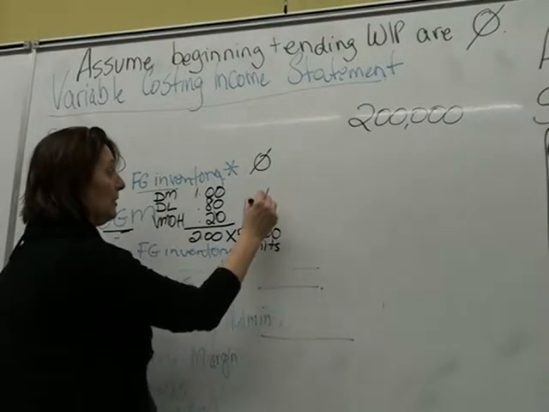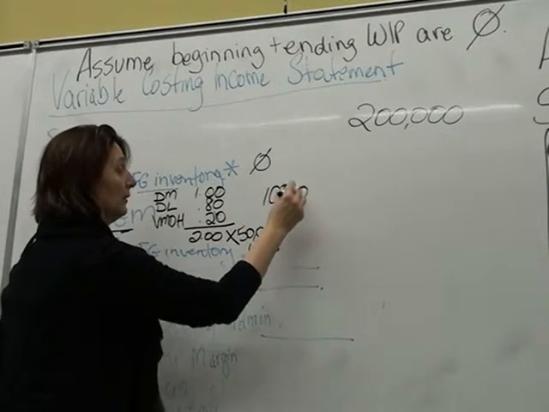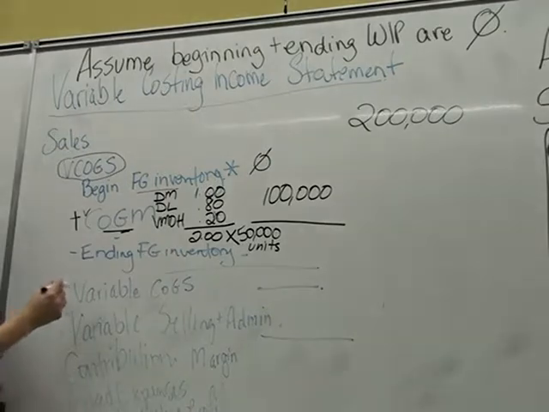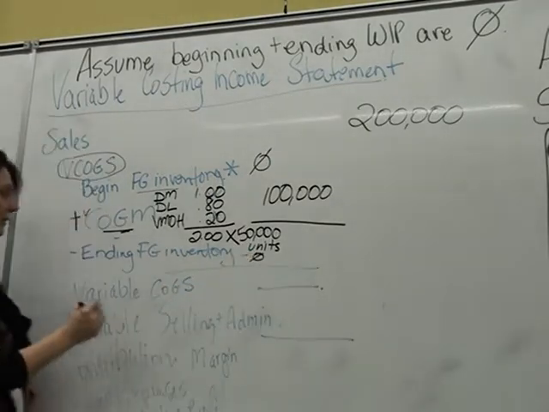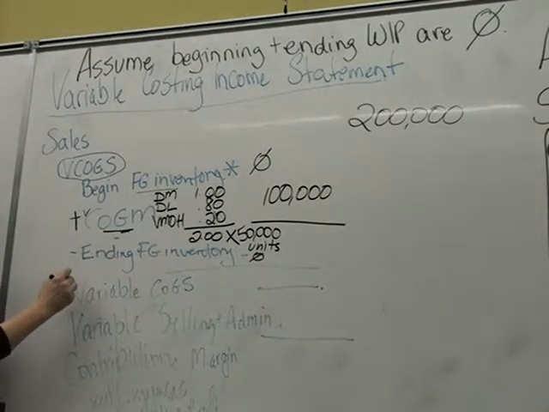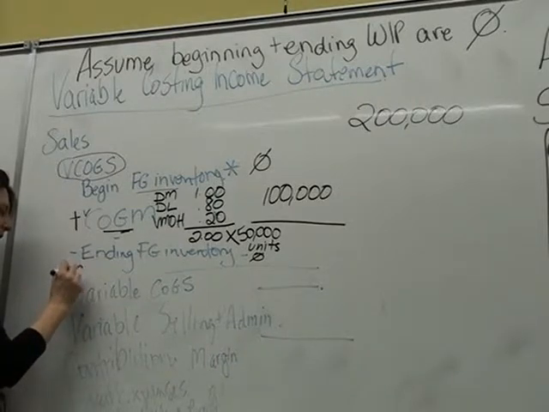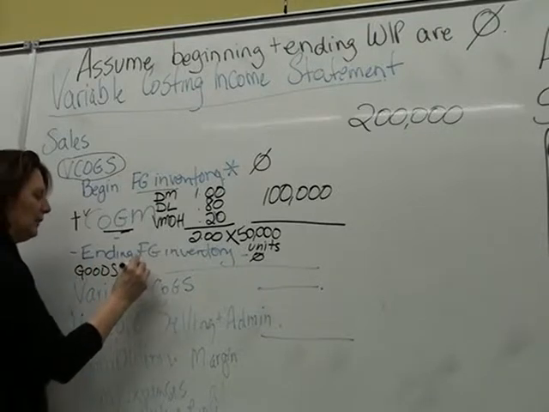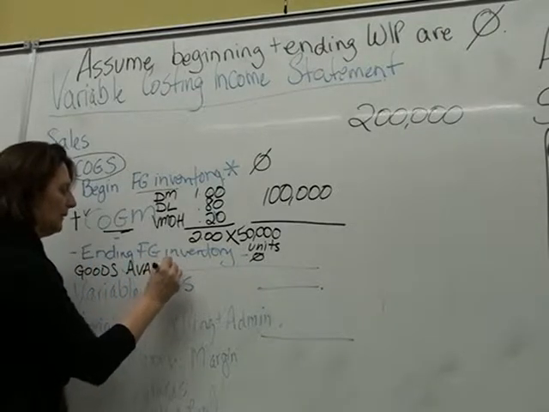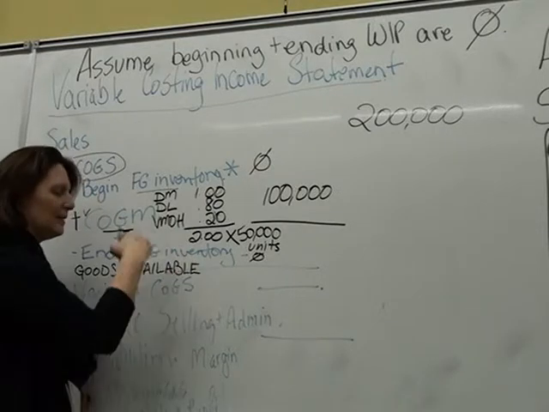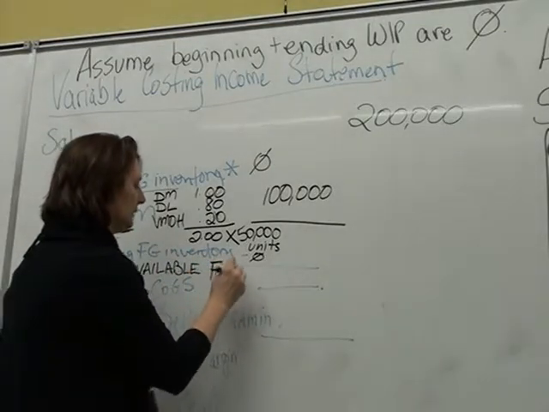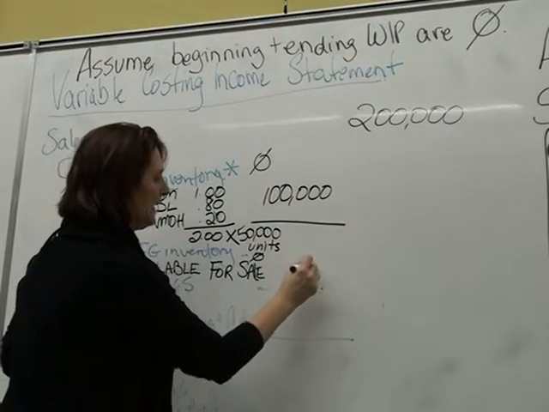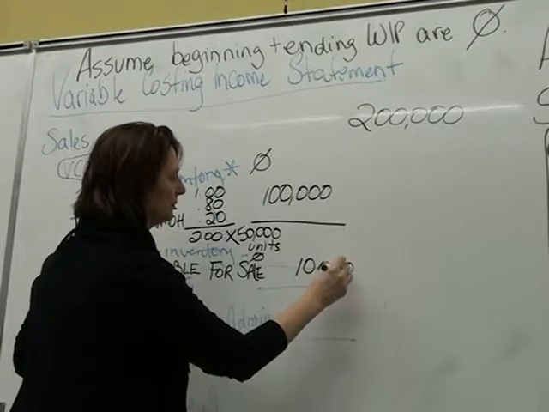So that is $100,000. Now you add those together, because this is 0, right? Ending finished goods. So actually here, goods available for sale, which I didn't make you do, but that does belong there. Goods available for sale is $100,000. Okay?